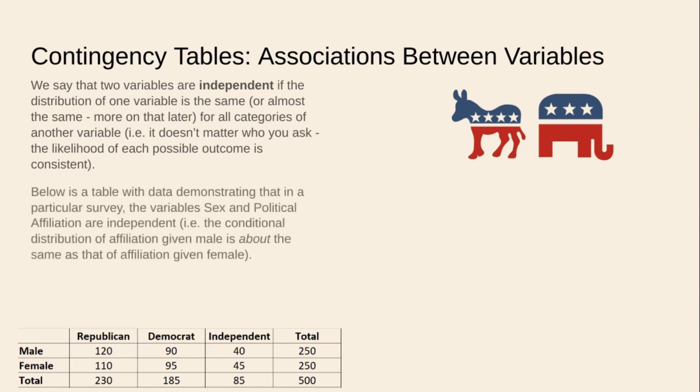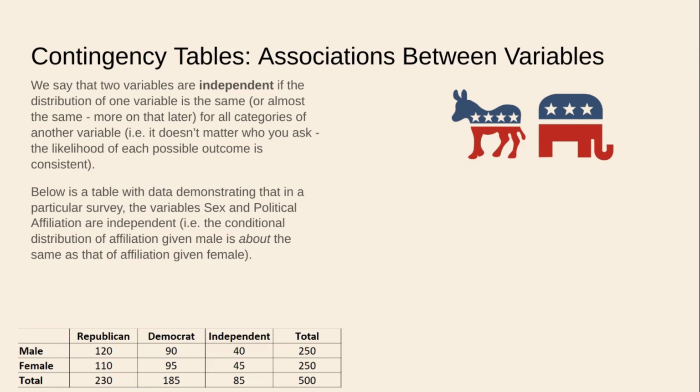Okay? So below is a table with data demonstrating that in a particular survey, maybe not in all surveys, but in a particular survey, the variables sex and political affiliation are independent, right? In other words, the conditional distribution of affiliation given male is about the same as that of affiliation given female.